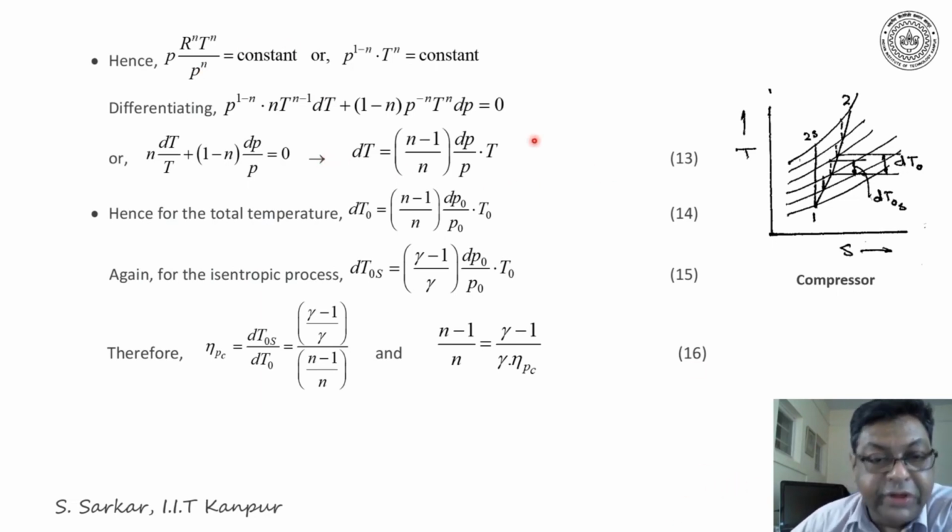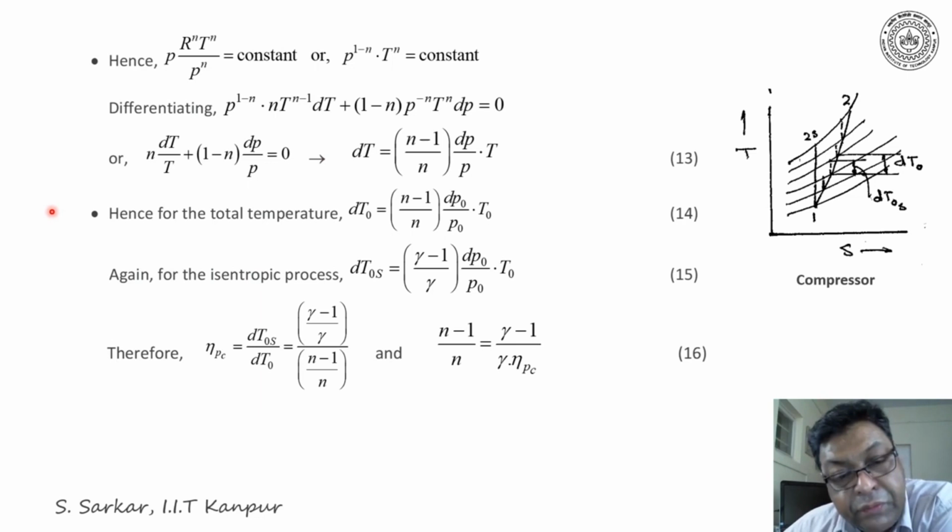Thus, from equation 13, I can write for total temperature dT0 is equal to n minus 1 divided by n into dP0 by P0 into T0.